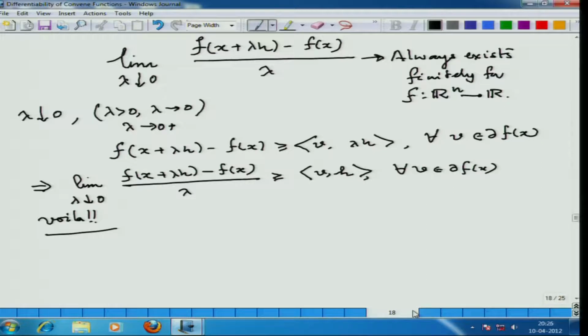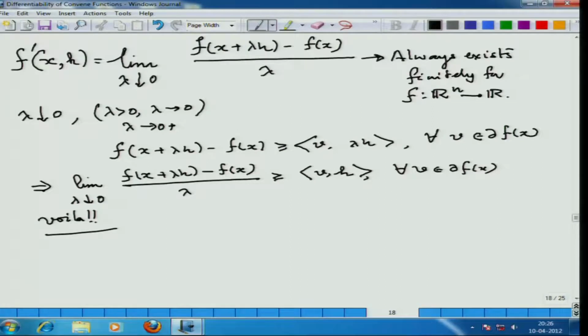So, for a convex function, let us give it a particular symbol. We will call it f dash of x in the direction h. For a convex function, give me a point and give me any direction h, this limit would always exist. So, the directional derivative always exists.